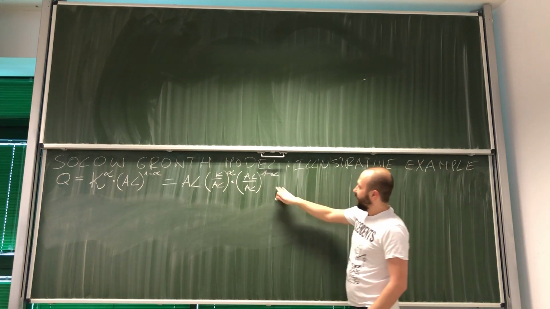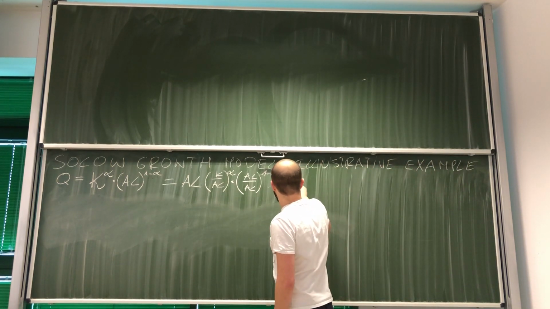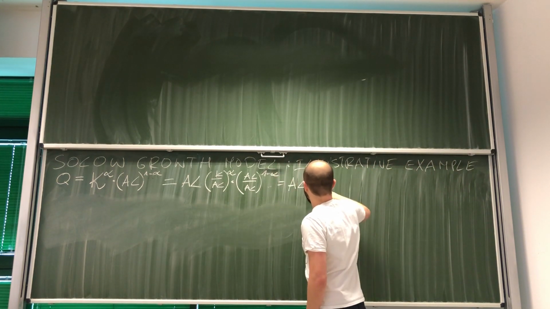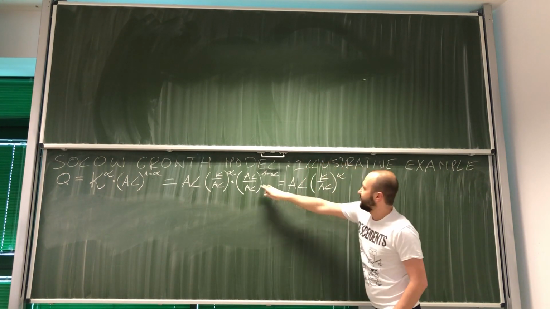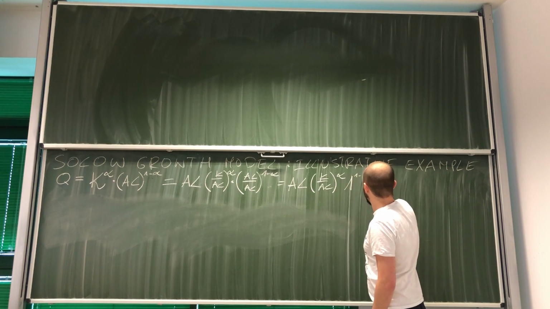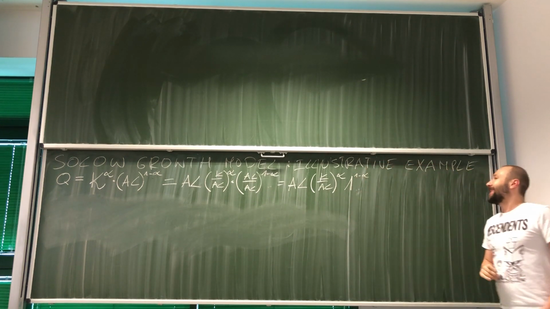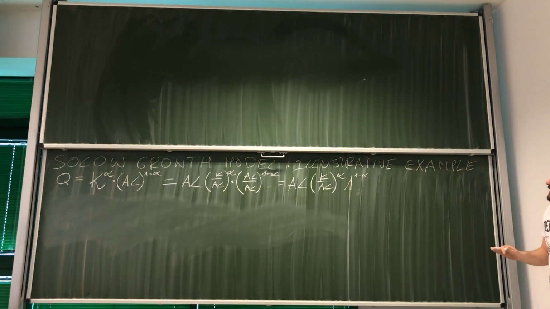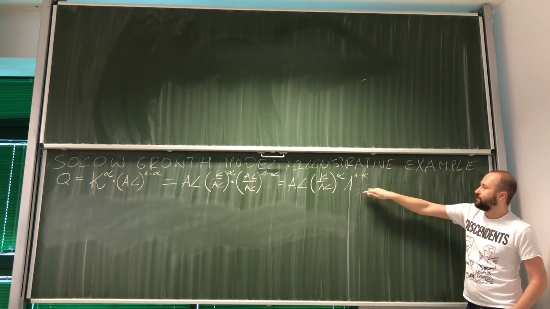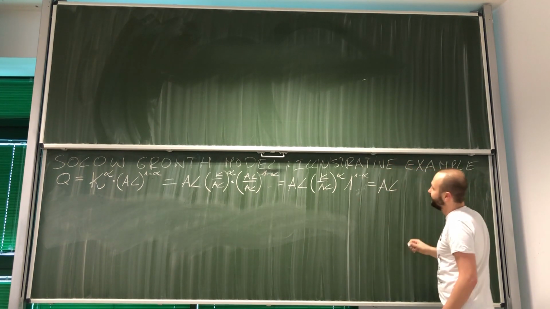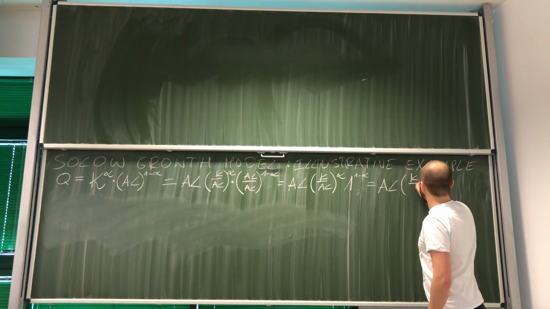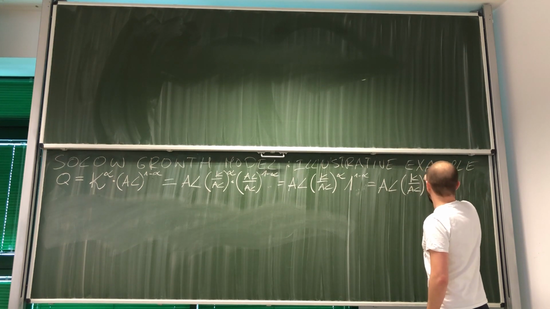Going further, AL over AL is just 1 to the power 1 minus alpha, which is completely unnecessary to write because it will always equal 1. So we get AL times K over AL to the power of alpha.